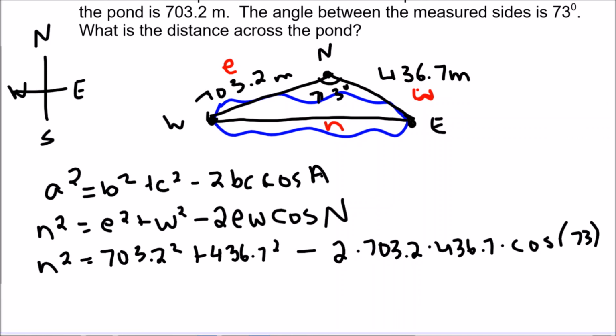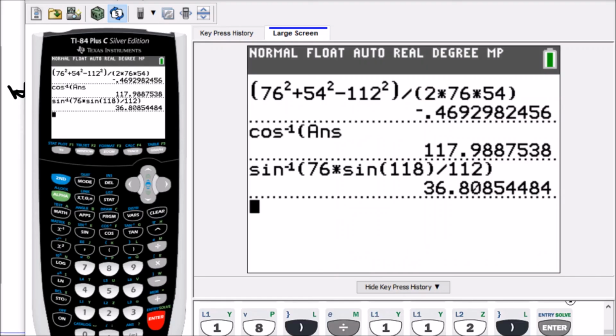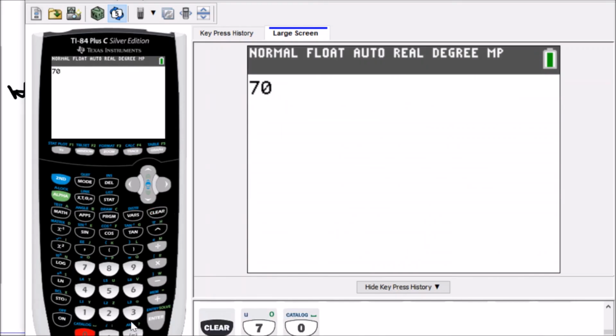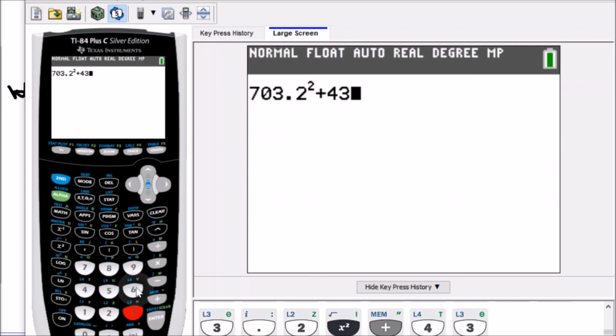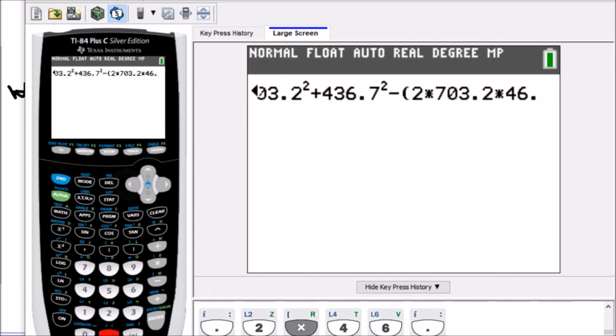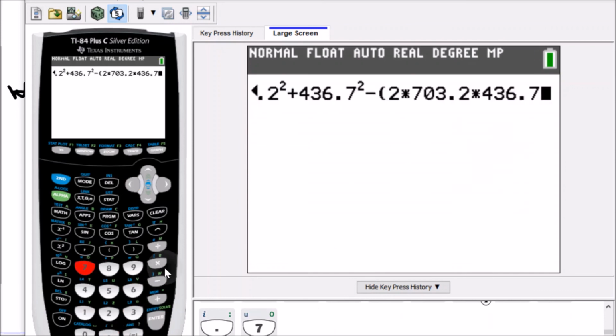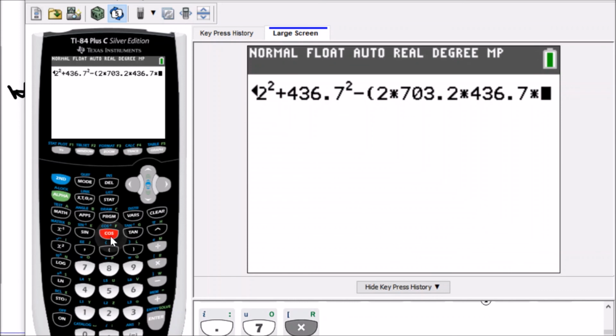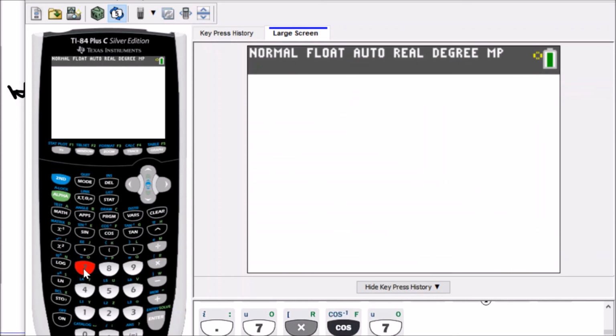And again, I can plug that all into my calculator in one big go. 703.2 squared plus 436.7 squared minus, and again, I'd recommend some brackets here just for good practice. 2 times 703.2 times 436.7 times, right, all of these four things are being multiplied together before we're doing that subtraction. Cosine of 73.